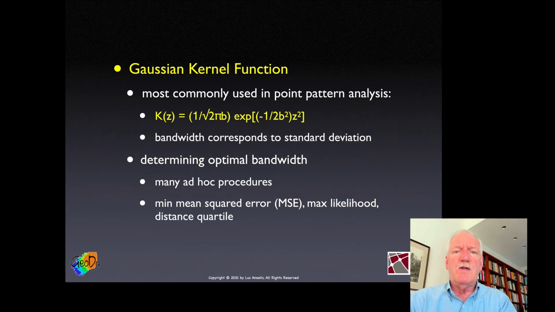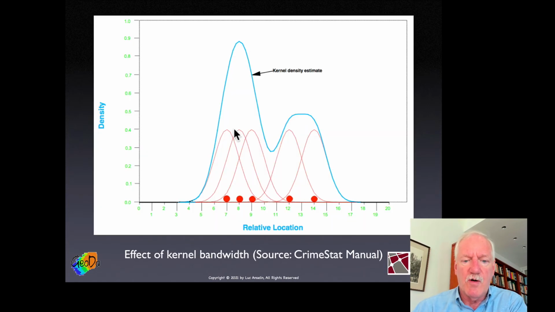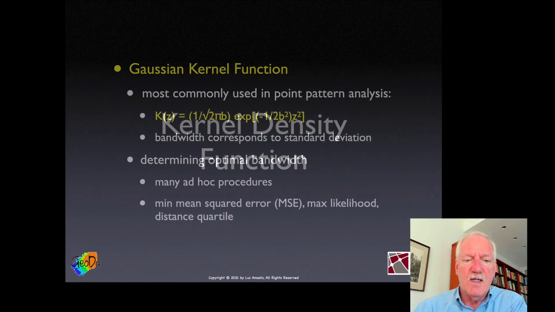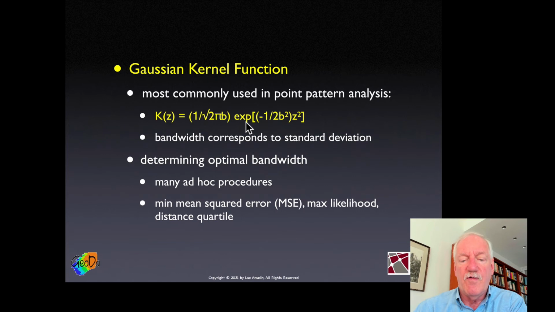In the point pattern literature, the Gaussian kernel function is used a lot. And it's also the example you saw in the previous slide. You see the bell curves here. These are the kernels. And then the resulting kernel density estimate is the blue line. So in this case, the kernel function, the red curve, is a normal or Gaussian distribution.